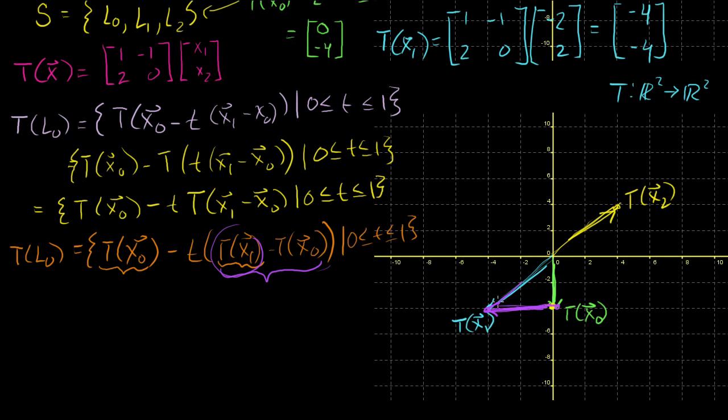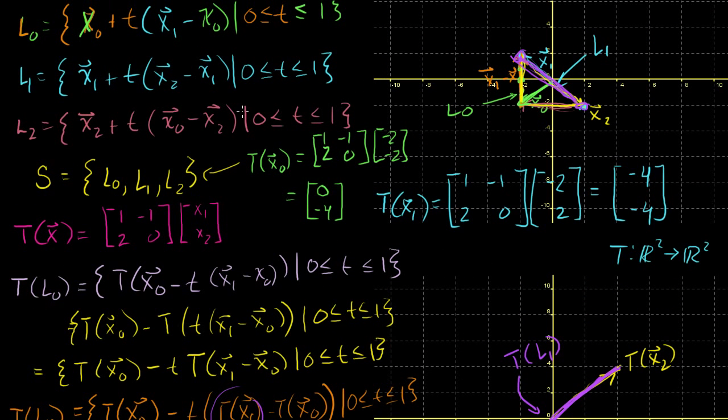So let me make this right here the transformation of L1. This right here is the transformation of L naught. And then finally, what's the transformation of L2? L2 connects the points x2 and x naught. So that is L2 right there.